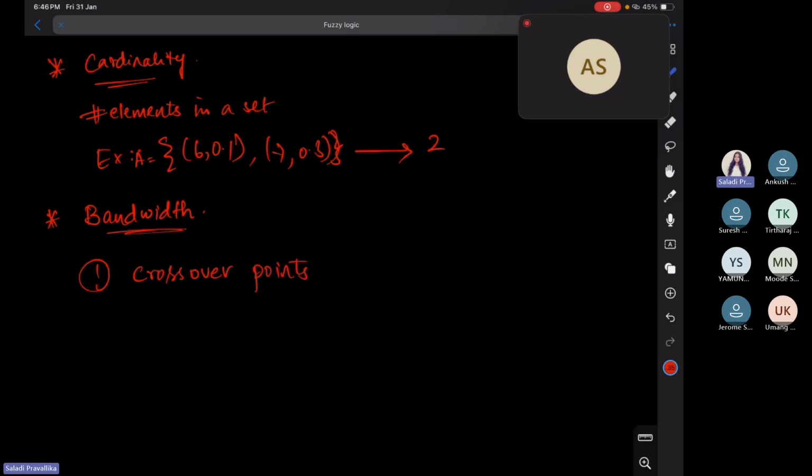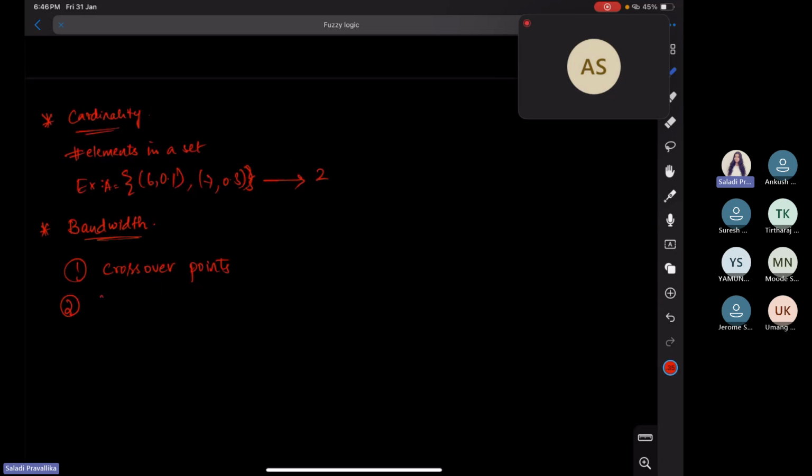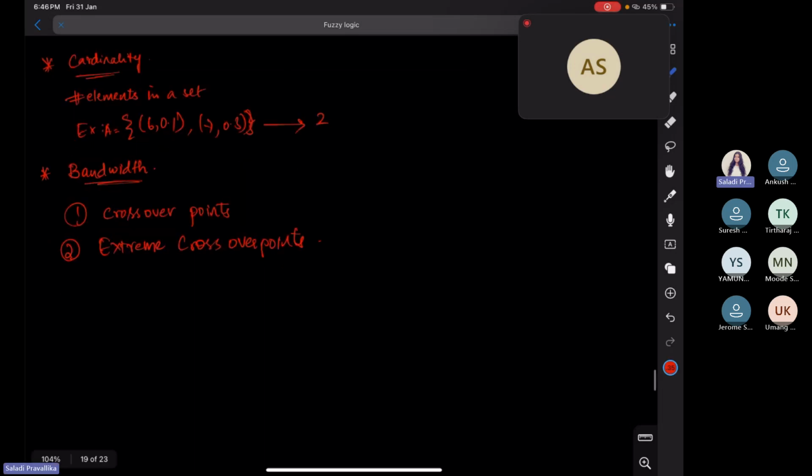If you have multiple points, then you have to take the extreme crossover points, and then take the difference between both of them. So you take the modulus of the difference between the points x1 and x2, the extreme crossover points.